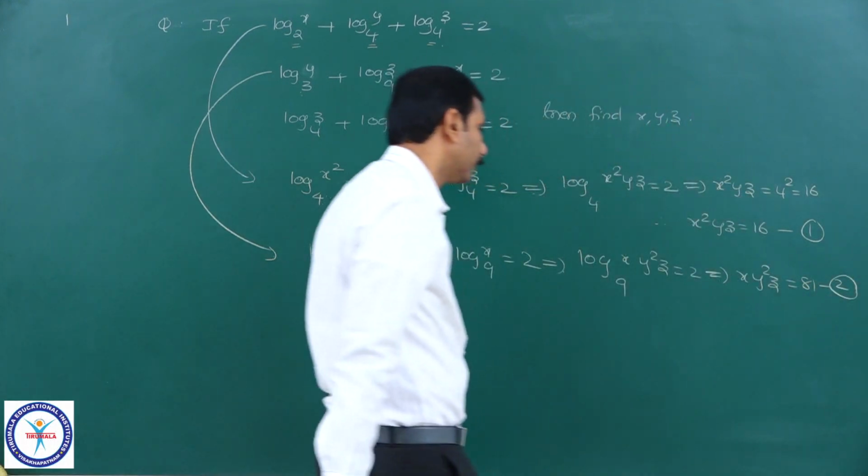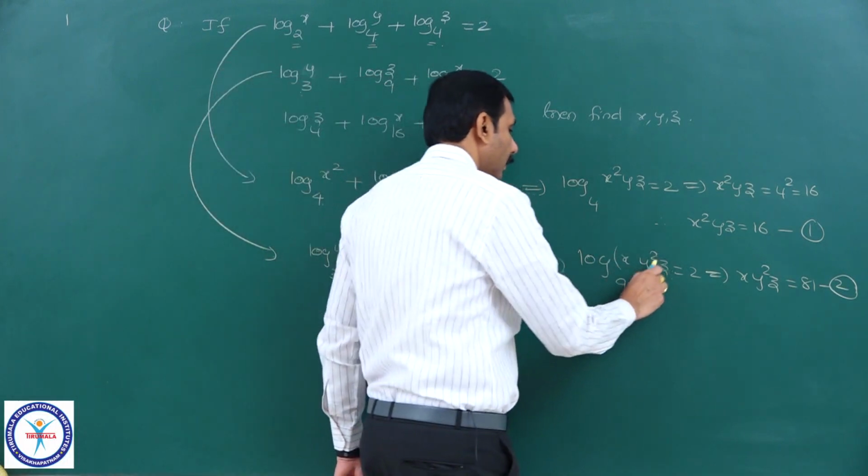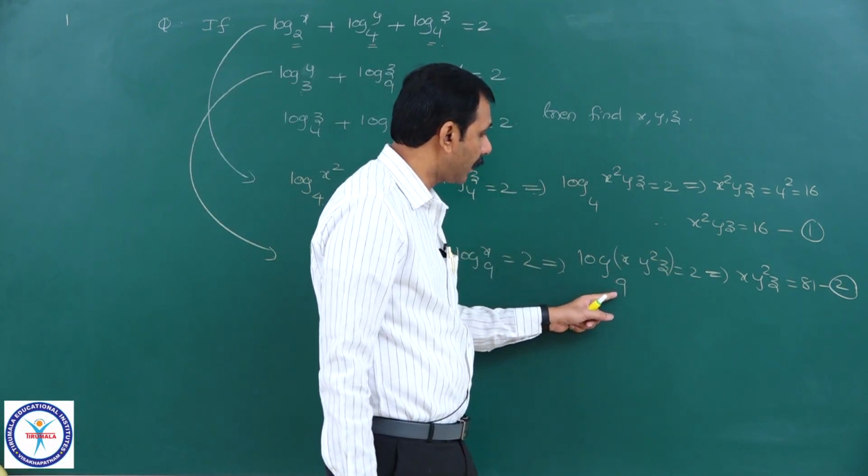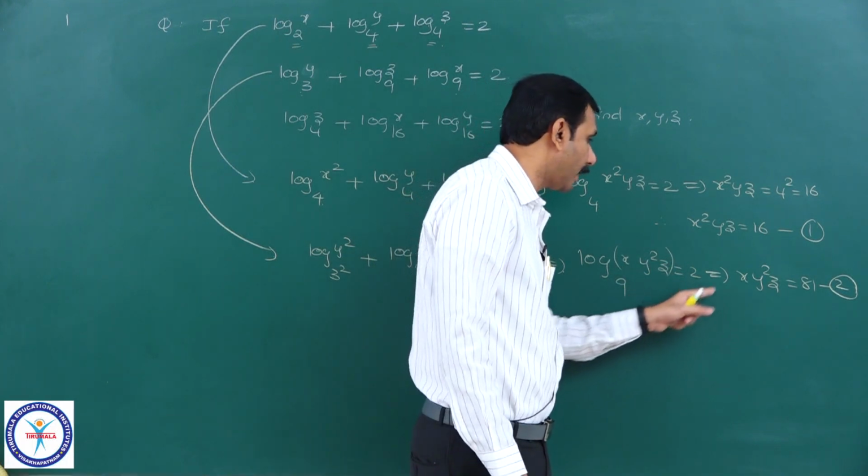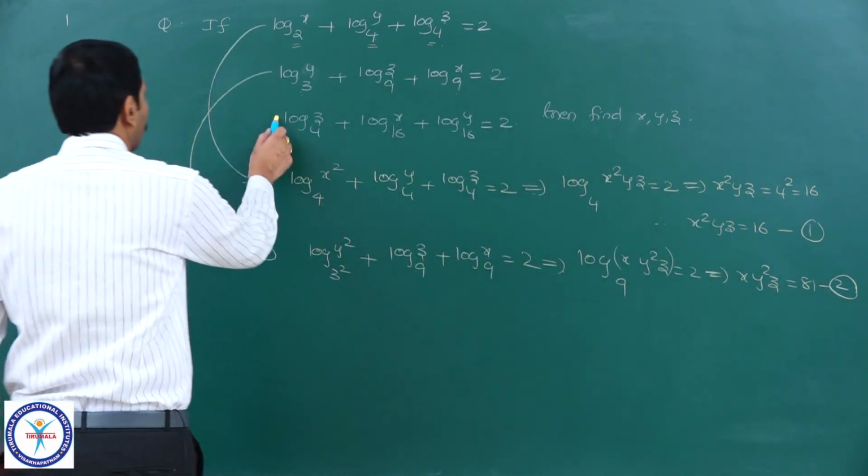It is equation 2. You know this log of x y square z to the base 9 equal to 2 means x y square z equal to 9 square, equal to 81. Now coming to this.